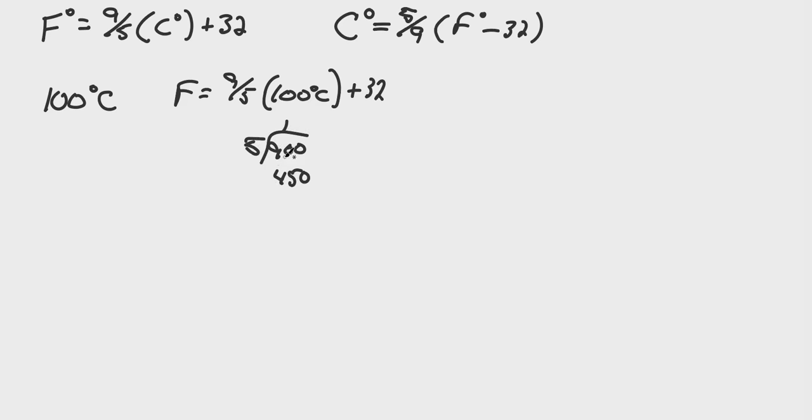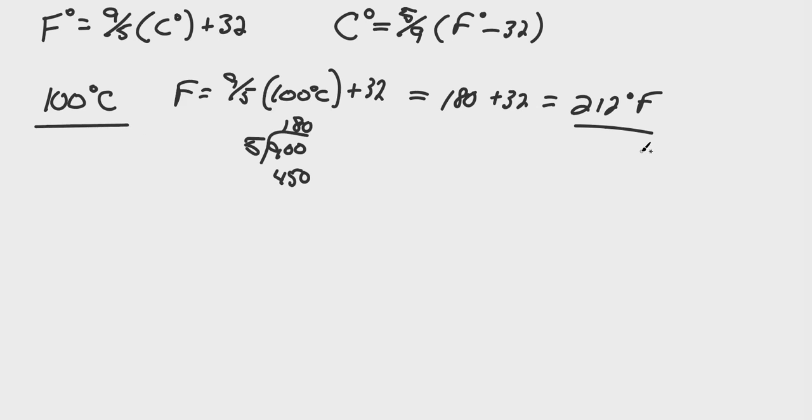So 900 divided by 5 is 180. So equals 180 plus 32 equals 212 degrees Fahrenheit. Sorry for the little side trip there. So 100 degrees Celsius equals 212 degrees Fahrenheit, and that's at standard temperature and pressure. That's the boiling point of water.